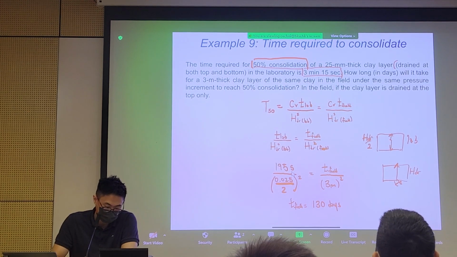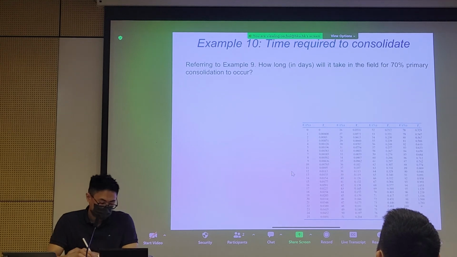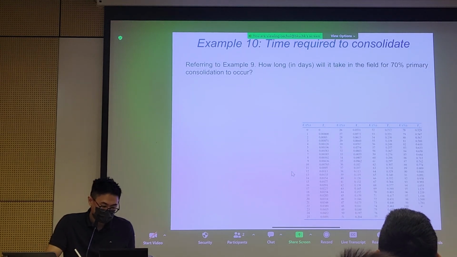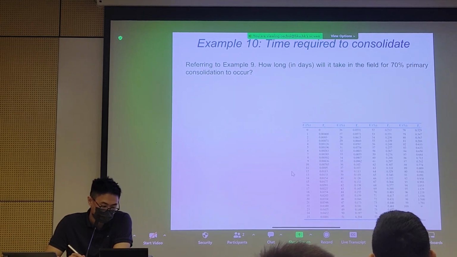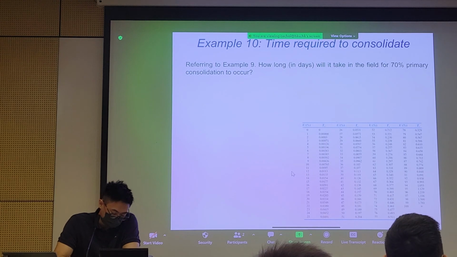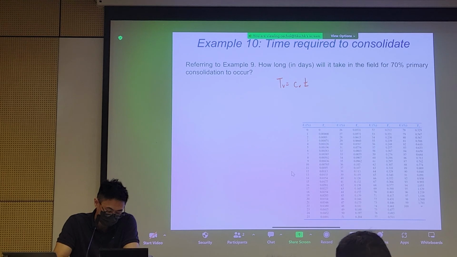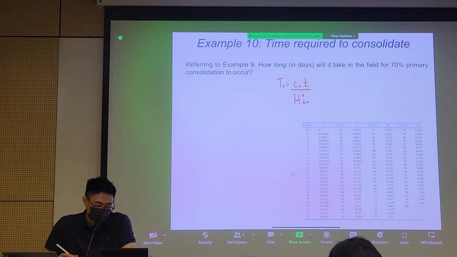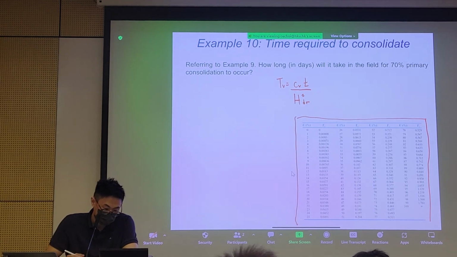Now let's do another example together. So we're still referring to example 9. This part of the question asks us, how long would it take to reach 70% primary consolidation? Well, here's our expression for time factor first. So if we have this expression, and let's say you're given this table on the exam, so we want 70% consolidation.